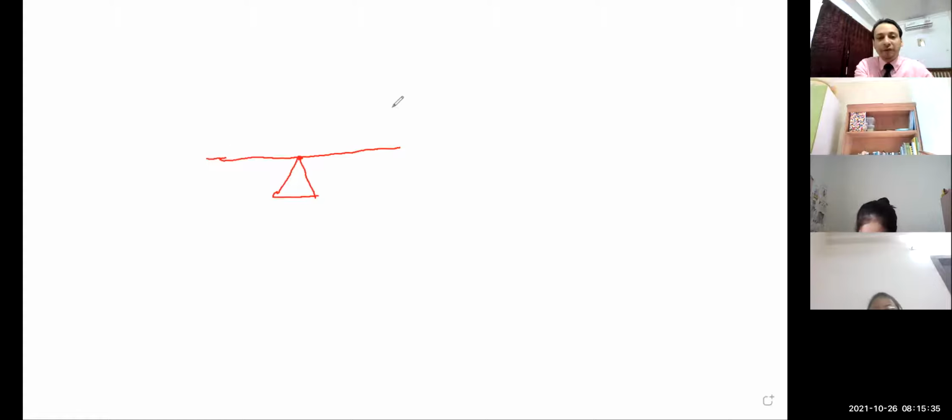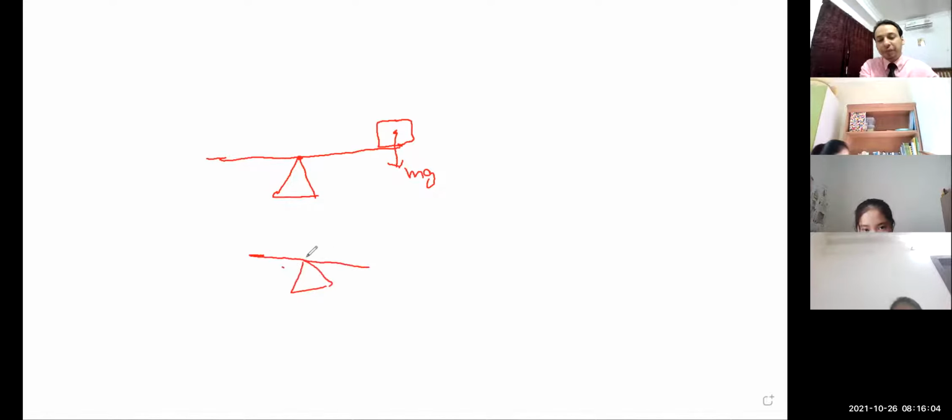But what happens, children, if someone sits on it? Instead of drawing a boy or girl, let me put a weight on the right hand side or the left hand side. This weight has some mass, and with gravity, weight is there. Due to this weight, what will happen? Let me draw another situation.